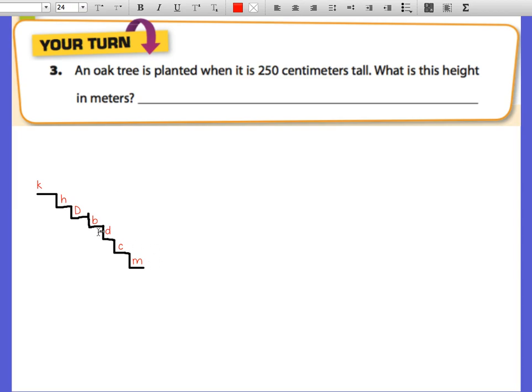Okay, so every time you move, this is a multiple of 10. So in this case, since I'm going from centimeters to meters, I'm going to help you out here. This would be times 10 because I'm going up, times 10 since I'm going up. So times 10 would be times 100.